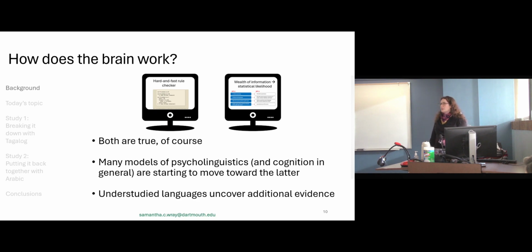So today, this data I'm going to show you from Tagalog and from Arabic is not only going to come to bear on improving some of the psycholinguistic models we have, but also show us in which ways we're like the former, a calculator that's simply doing predetermined operations on information, and in what ways we're like the latter, ChatGPT, in which we're taking tons of information and building some associative statistical properties from it.